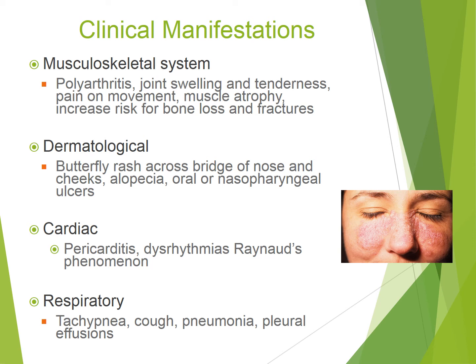So about 75% of these people will have some kind of renal involvement, and it can occur within a couple of years. So it doesn't take long for that to start to happen. So they're going to do some things to try to preserve the renal function in these patients. Our goal is to try to prevent this from happening if we can, okay? So basically they're going to give them medications that we'll talk about in a little bit.